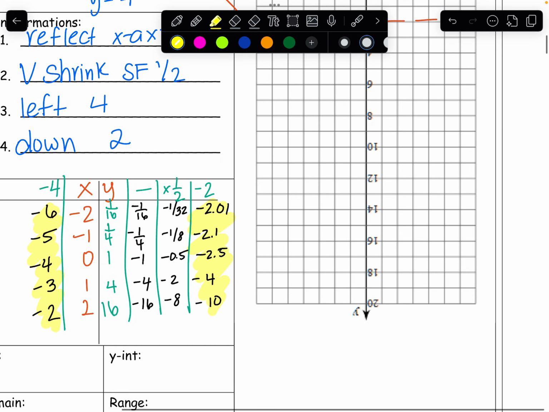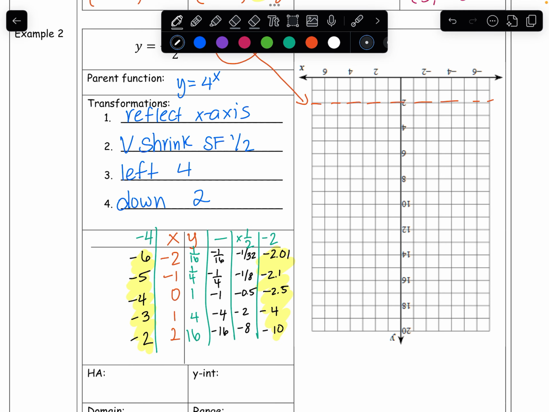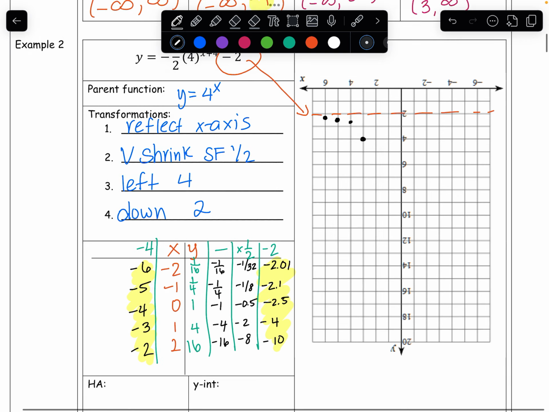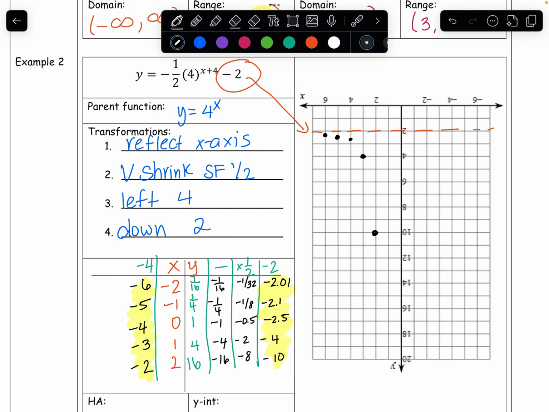And so when we graph this, we got negative 6, negative 2.01, negative 5, negative 2.1, negative 4, negative 2.5, then we got negative 3, negative 4, and then negative 2, negative 10.